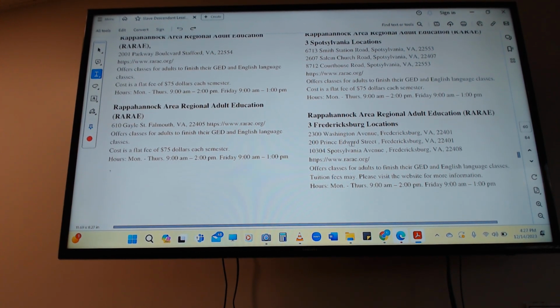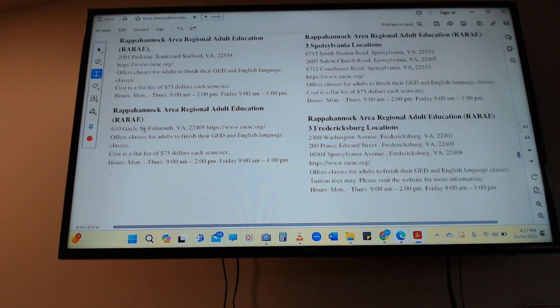So just do a research and find all the resource types of books for your area and come together and create one book for the slave descendants. Because like I said, they just forgot to put us in here.